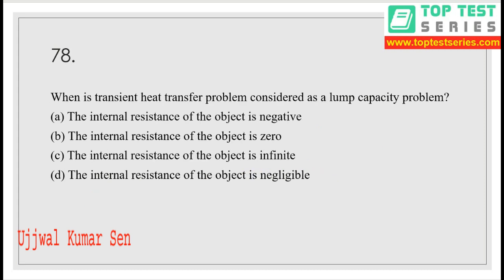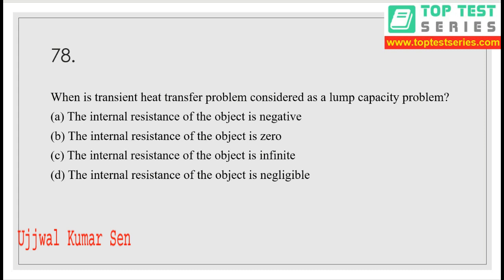Question number 78. When is a transient heat transfer problem considered as a lump capacity problem, right? Let me tell you the basic concept of transient, just listen to me, it's very important. No temperature gradient within the body, right?